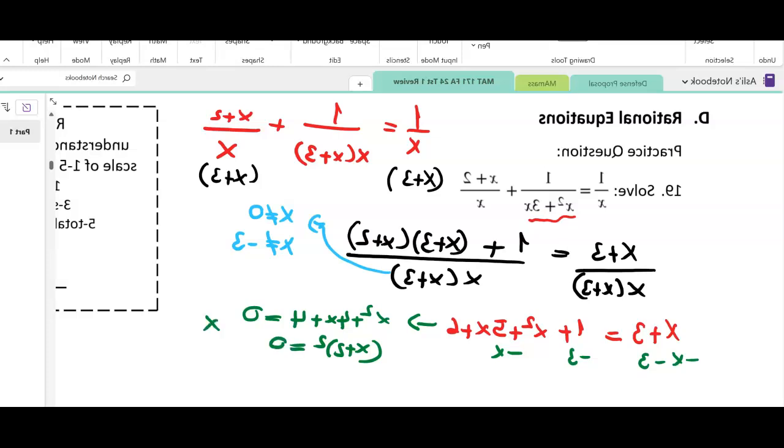So x plus 2 equals 0, zero product rule, then that will be negative 2. I go back and see, is there anything that I found here that violates the restrictions? No. So yes, that is the root. Okay, so this was part 1. Hold on for part 2.